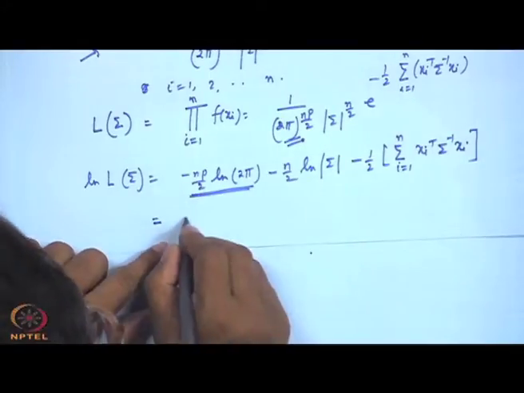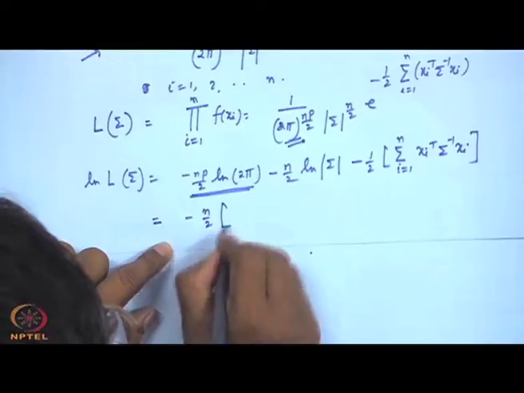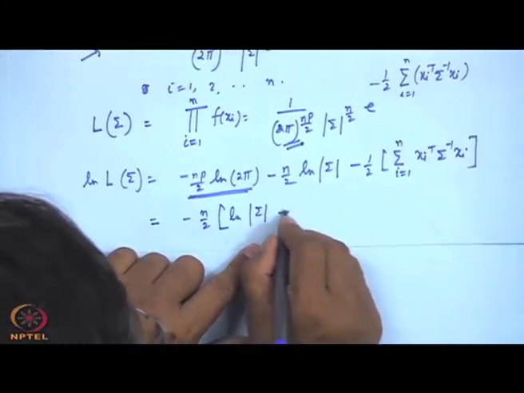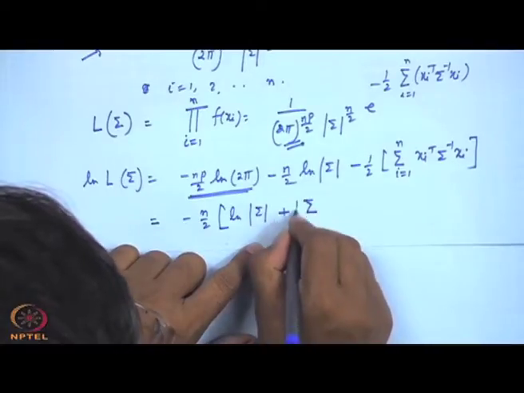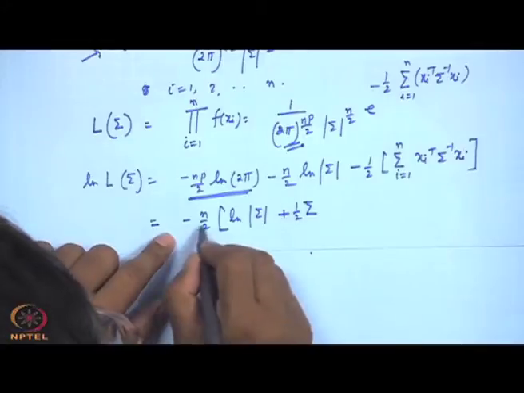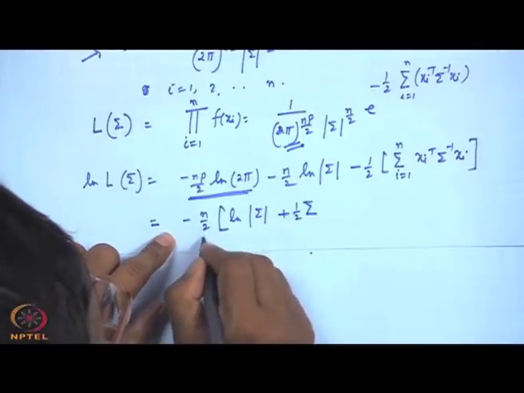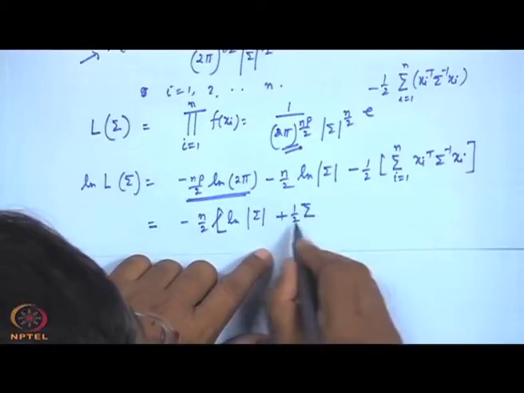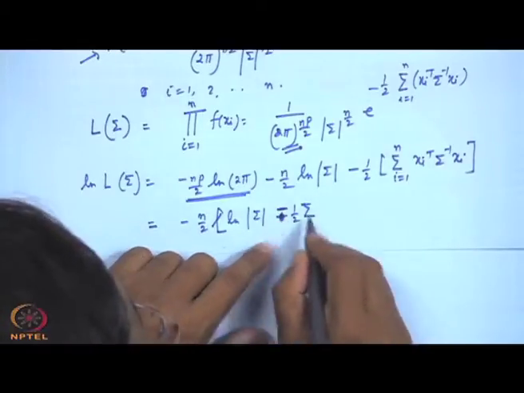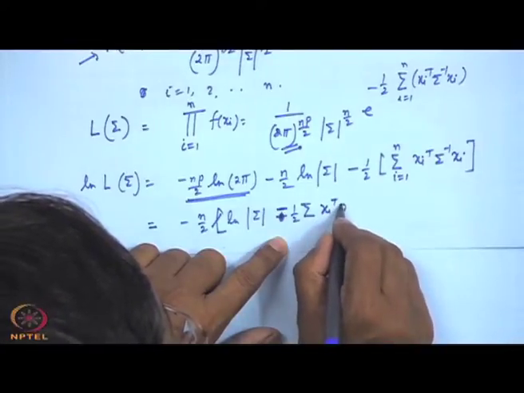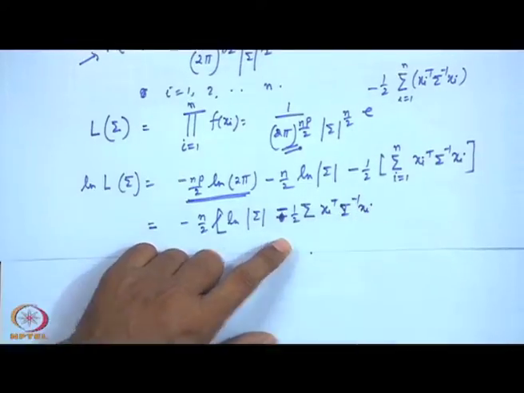So, we can write this as minus n by 2 log of this plus half of this. I can write it like this, minus n by 2 into this, minus half of this x i transpose this x i.